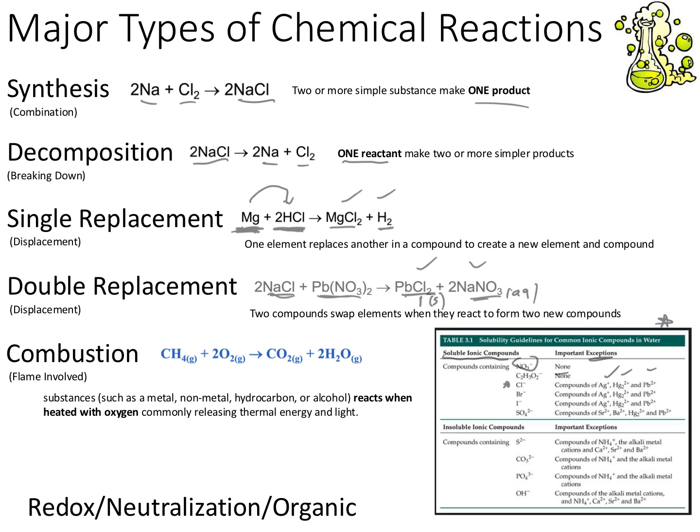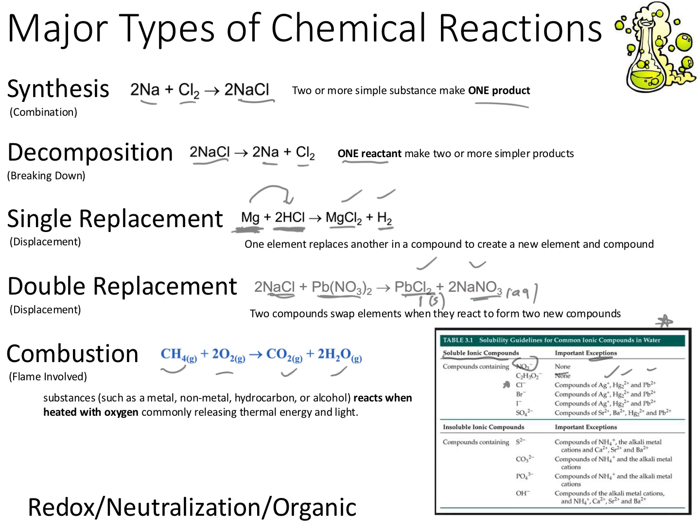Now, this last example here that we've talked about in the past is combustion. Obviously a flame is going to be involved in this. In most chemistry classes at the high school level, we typically simplify it and say combustion is going to be a hydrocarbon and oxygen, and they're always going to give you CO2 and H2O.